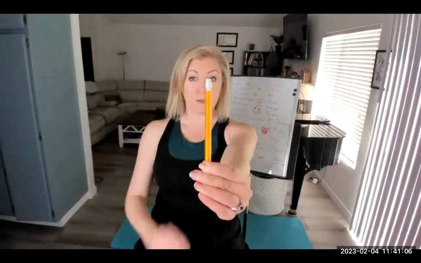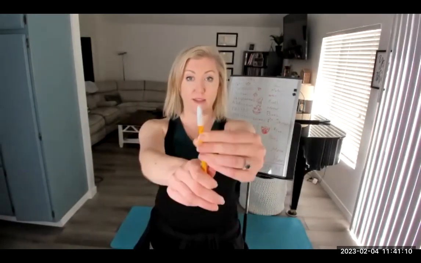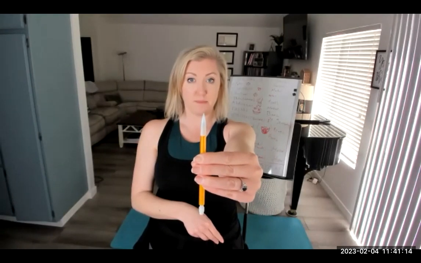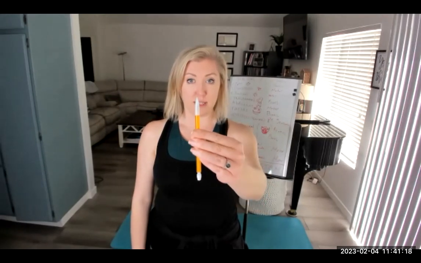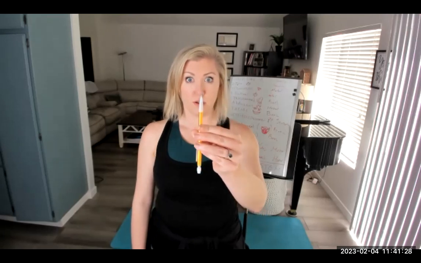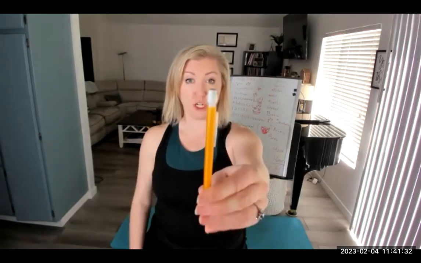You're going to focus on some text if you have it. If you don't have it, then flip around the pencil and just look at the little lead on top. Then you're going to try to keep this image clear, and we're going to bring this in to let your eyes converge. It's going to split into two, and then you're going to come out. Great. We're going to do that two more times.